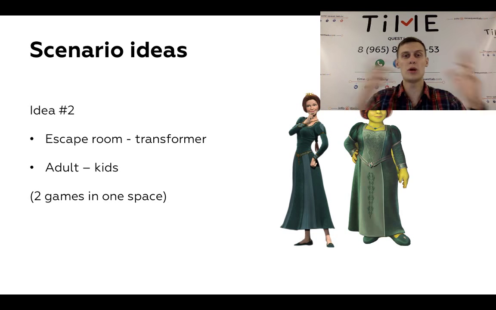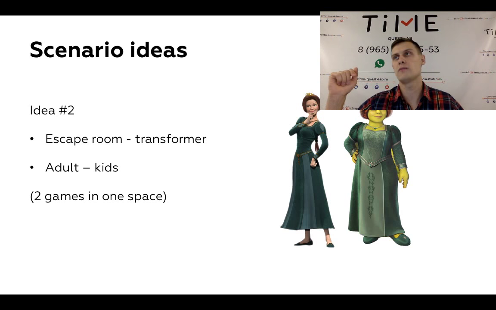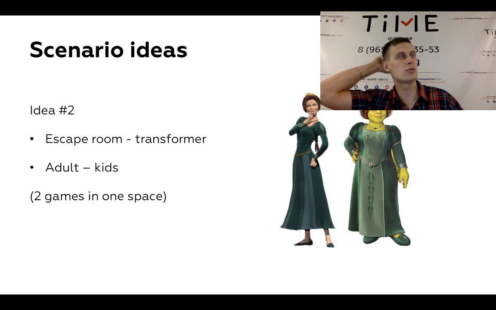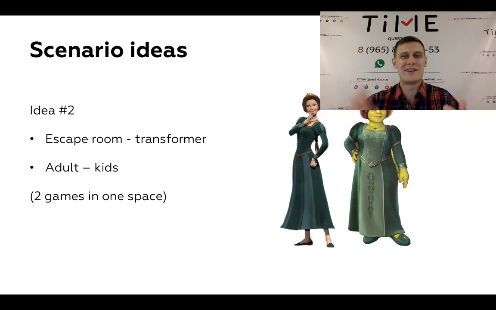So you have 1 room, 1 space, 2 games, and twice the possibility of getting a booking on that exact room. That's a good option if you don't have any more space at your facility, or if you want to spend less money.